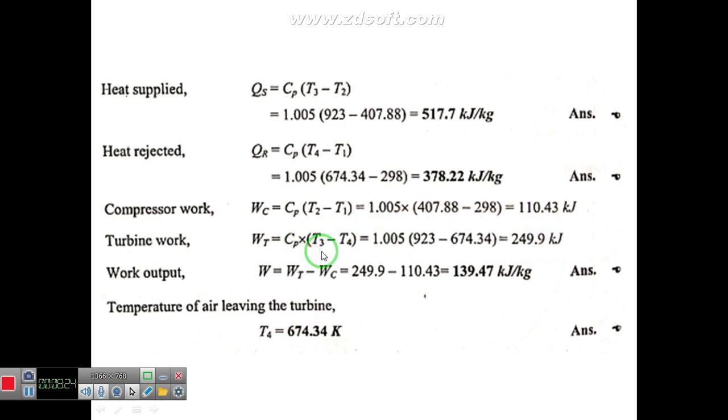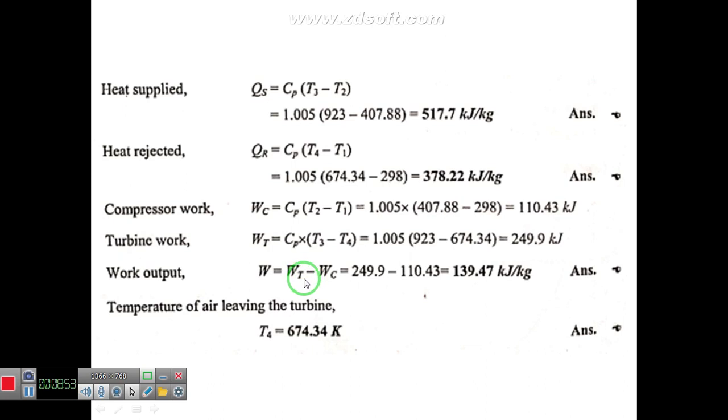Turbine work is the 3 to 4 process, the isentropic expansion process. T3 minus T4 multiplied by the cp value, so our turbine work is 249.9 kilojoule.